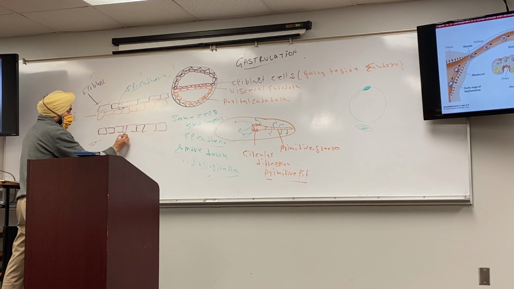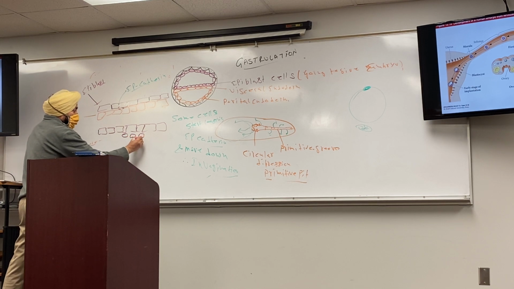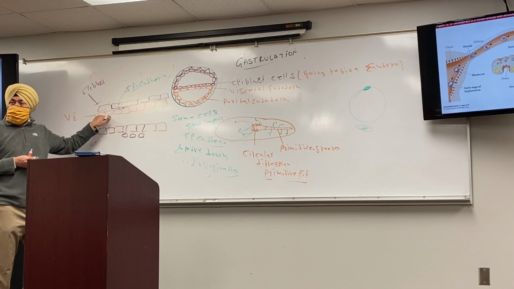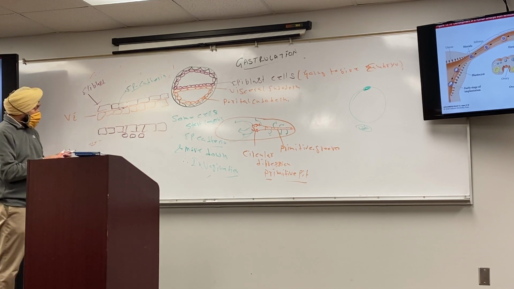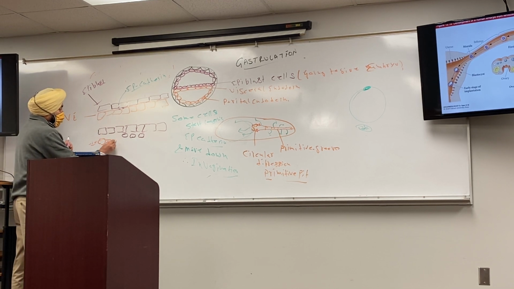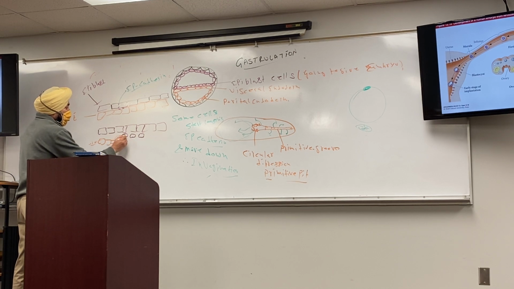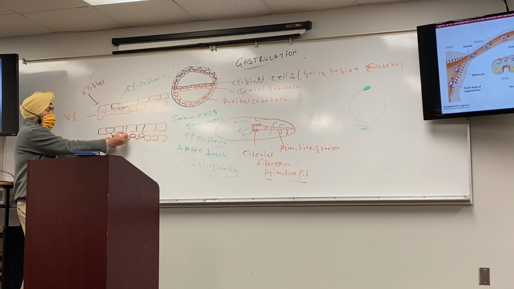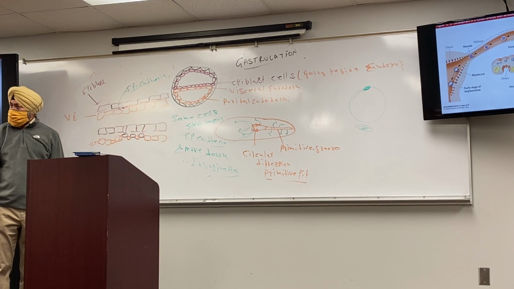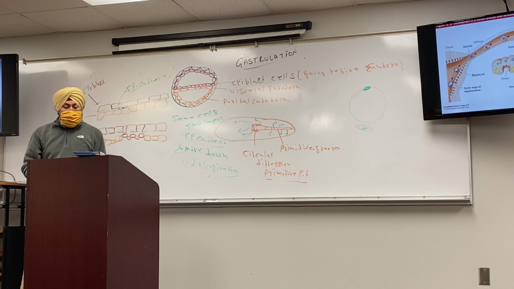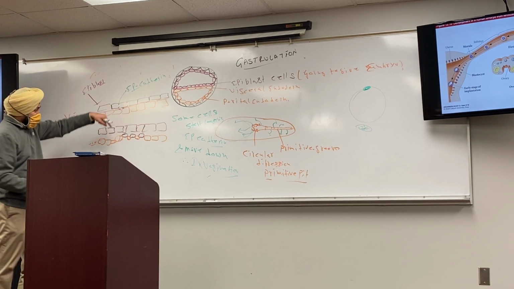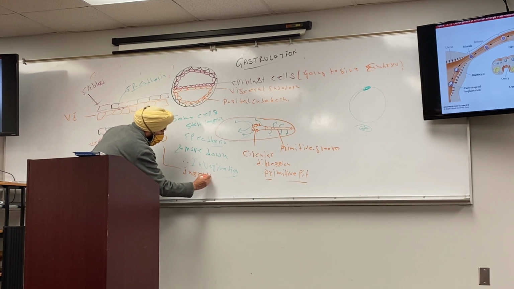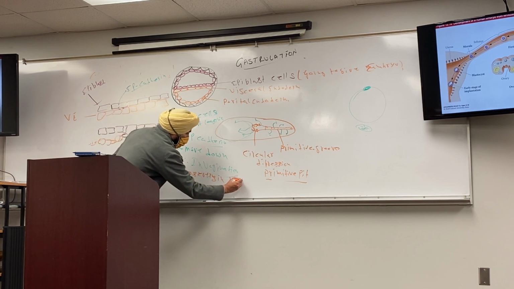Now these cells have come here. But what you had there was visceral endoderm. So these cells start getting into the visceral endoderm layer. So some cells are coming down, they are inserting in the visceral endoderm layer.